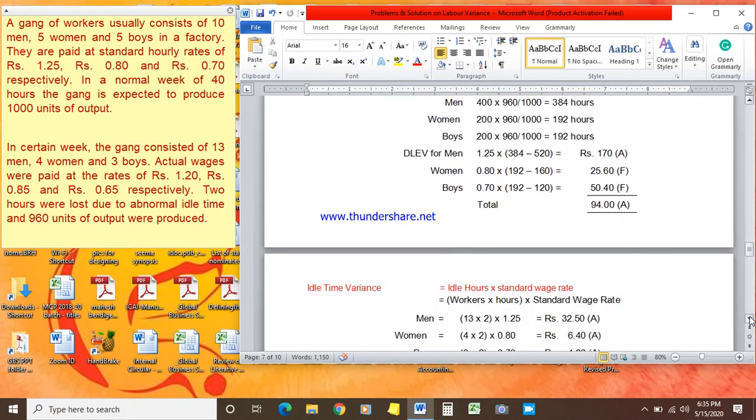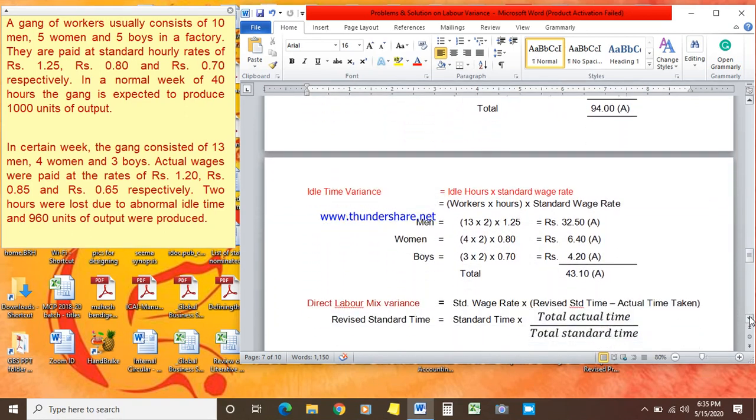The next category of calculation is idle time variance. Why are we calculating idle time variance in this problem? Because out of 40 hours in a week, 2 hours were lost due to abnormal idle time. This 2 hours is applicable for all the 3 categories of employees, because all the employees are not going to work during that particular 2 hours. So hence we need to calculate the idle time variance.